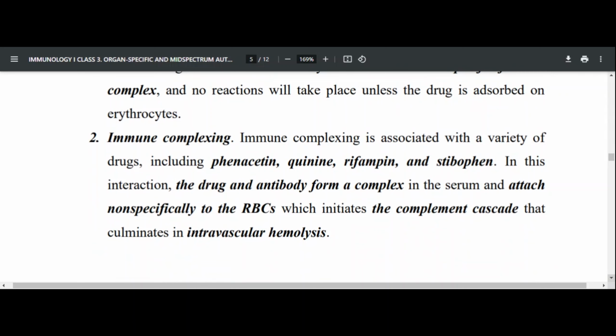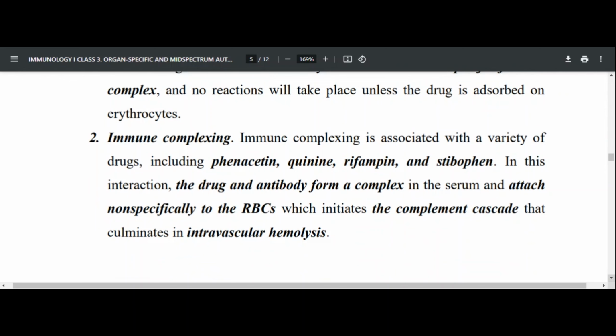For example, you could be asked which drugs are associated with immune complexing in autoimmune hemolytic disease. Those drugs are phenacetin, quinine, rifampin, as well as stibophen, and they are all associated with immune complexing.